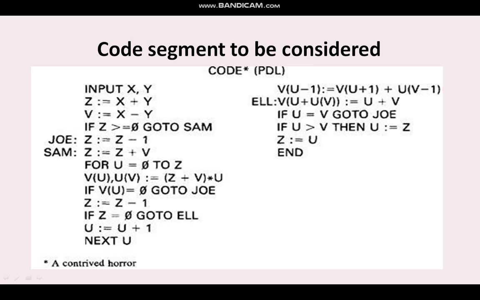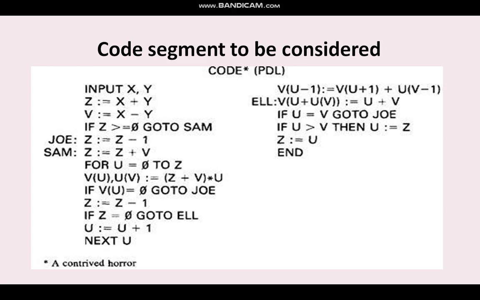Next, for example, we consider this particular code segment. What is there in the code segment are some variables: x, y, z, v, etc. Each and every variable flows in multiple ways. The data flows from each variable in a different manner. In this data flow model, we are going to represent the flow of each and every variable.